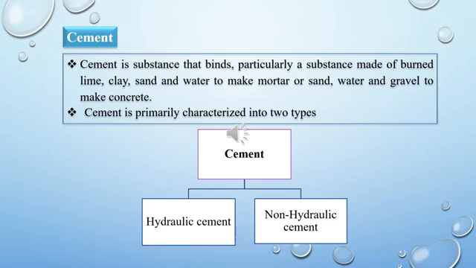Students, in this point he said that cement is a substance which binds, particularly those substances which are made of burned lime, clay and sand, and water to make the mortar, or sand, water and gravel to make the concrete.